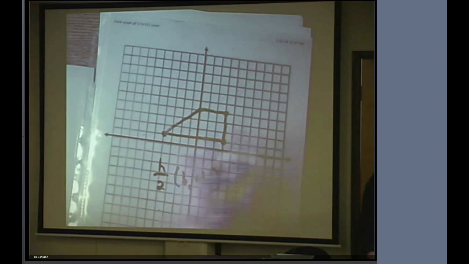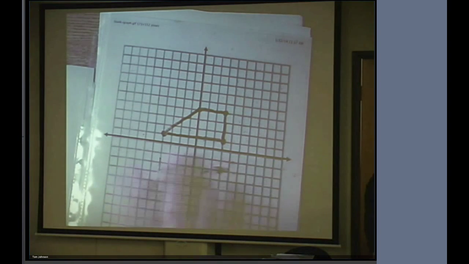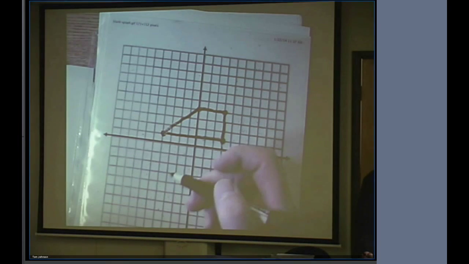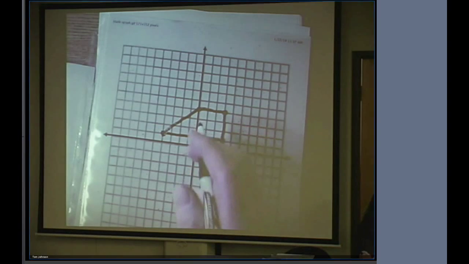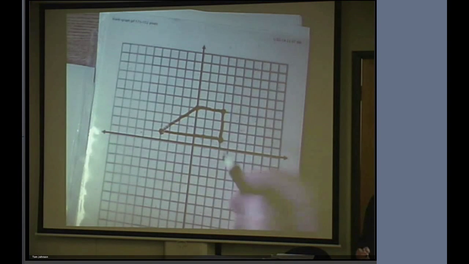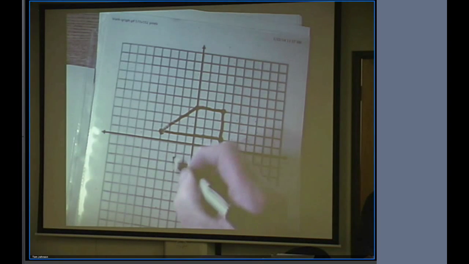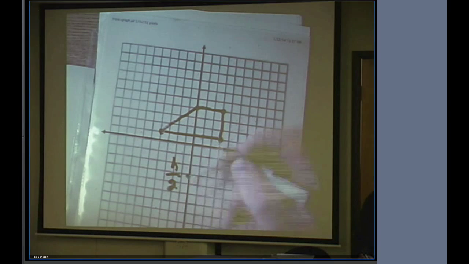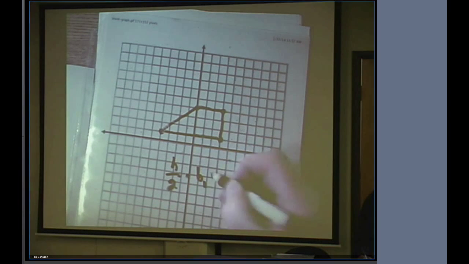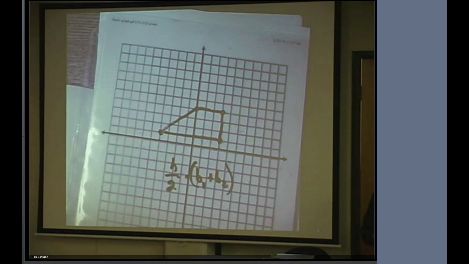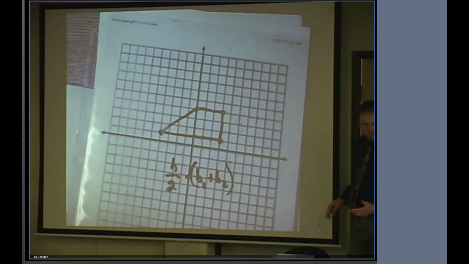And actually, that should read, well, we can do this. Base 1 plus base 2. So that works. So the height divided by 2 times base 1 plus base 2.